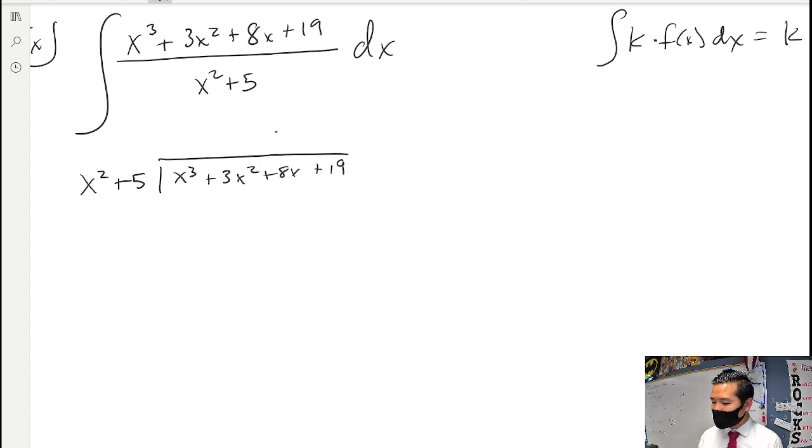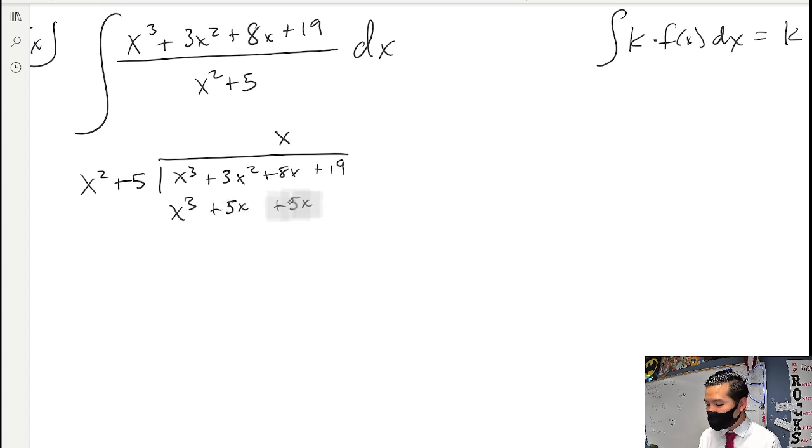Hopefully you saw that you just need an x here to multiply with x squared to get x cubed. But then you might have seen that x times 5 will give you plus 5x. You can't write that here. I mean, you can, but you can't combine those two because they're not like terms, right? So that was the first issue that we come across.